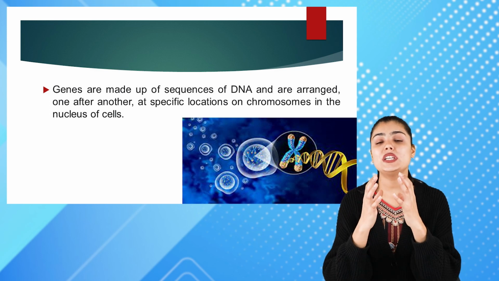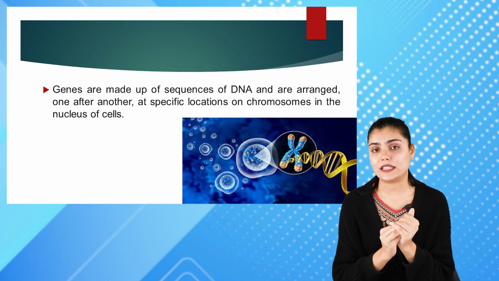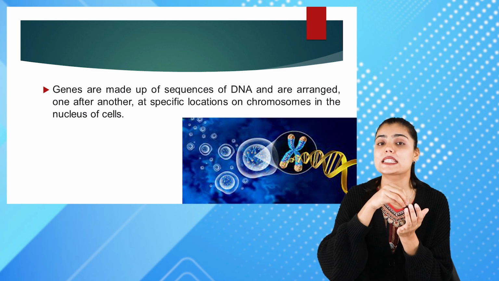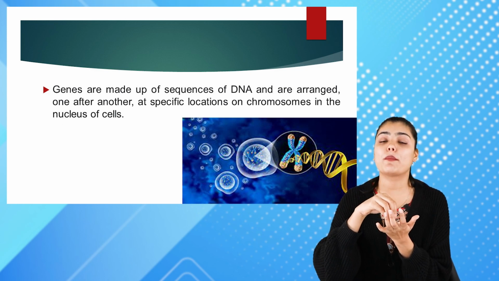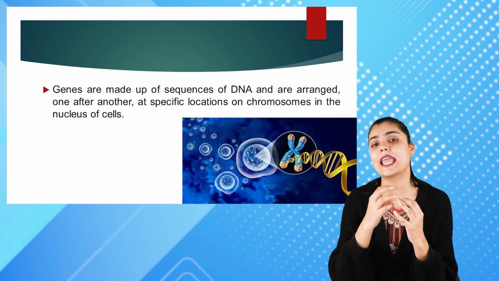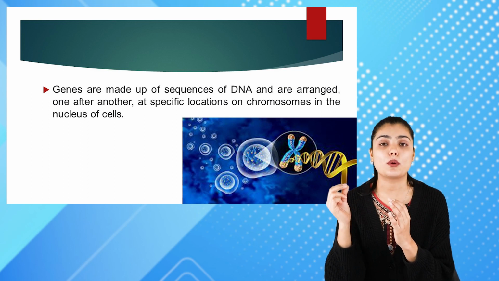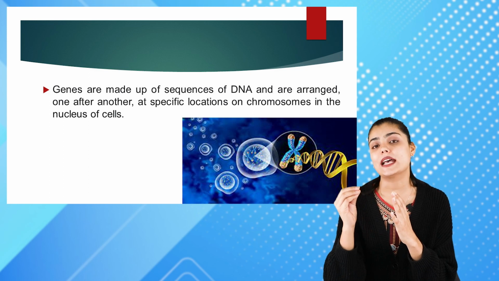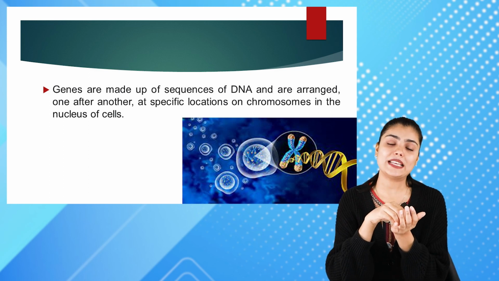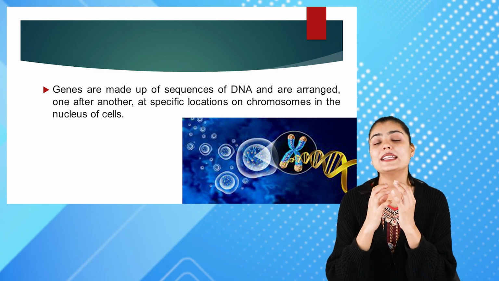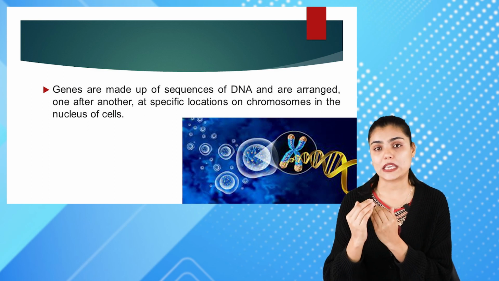What are genes? Genes are the inherited traits. Okay, so genes are located inside the chromosomes, and chromosomes are made up of a combination of DNA and proteins, which can be termed as chromatin. Now, genes are located in a particular place inside the chromosome and they are arranged in a proper sequence.